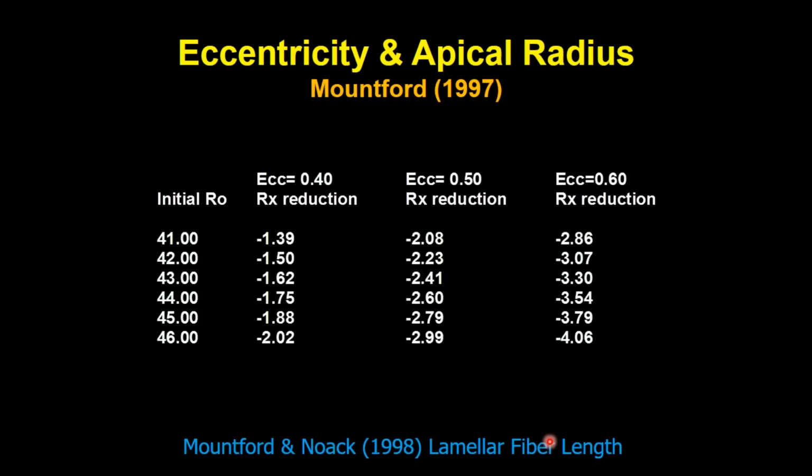Eccentricity also factors in terms of the higher the E-value, the greater the potential for Ortho-k change. And this study by Mountford and Nowak going back to 97, and I believe they had a follow-up study shortly after that backed up their initial data, suggested that the flatter the cornea, the lower the potential for Ortho-k change.